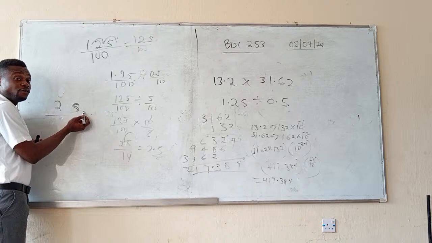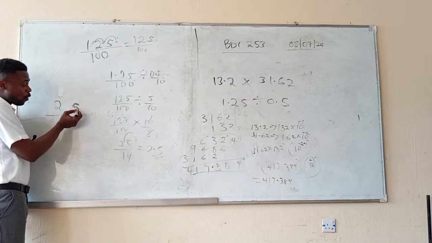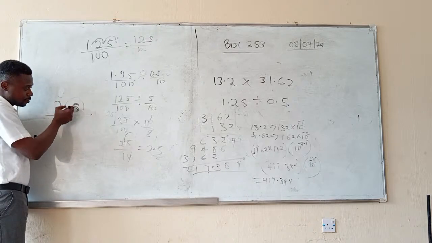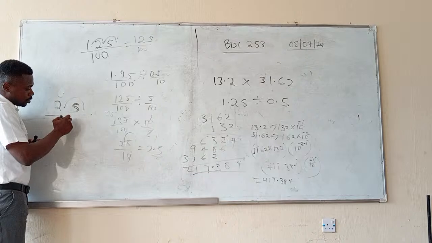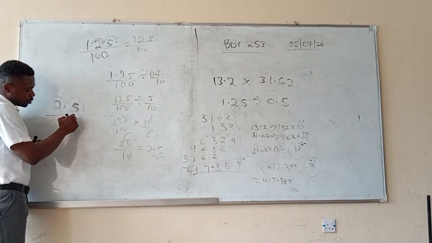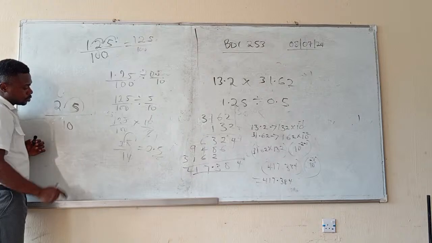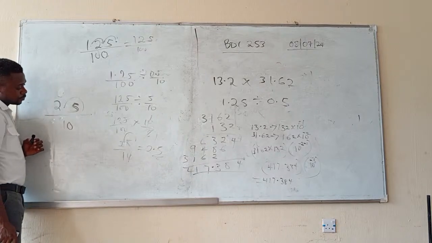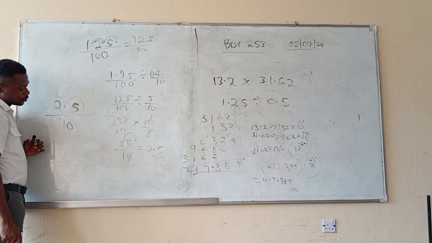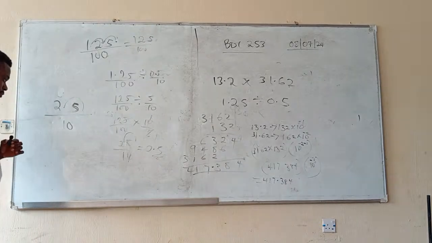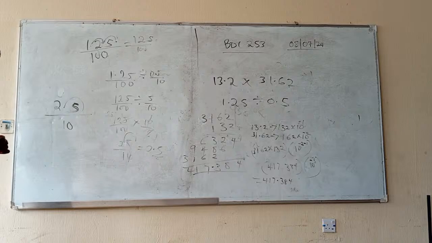So as it's moved to the left, one movement to the left, you add what? You see, it's 2.5, 25 over there. Go to the left.